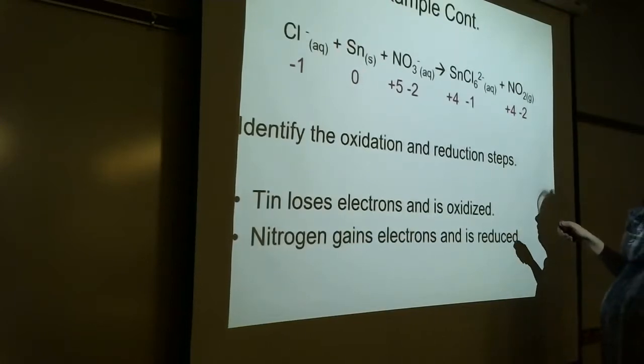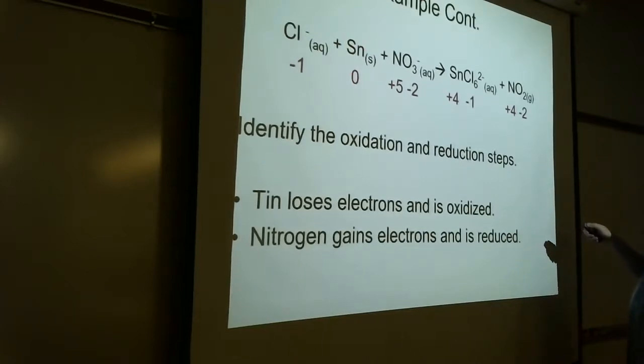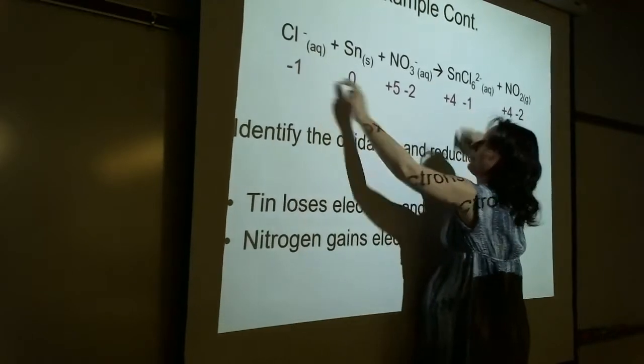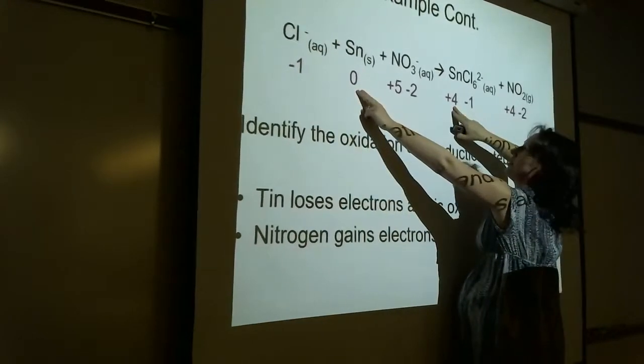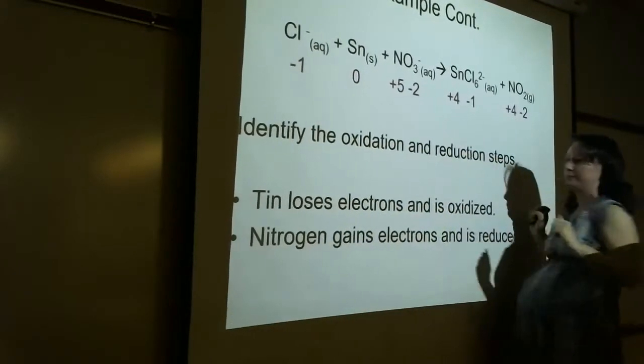Tin is going from 0 to +4, right? Nitrogen is going from +5 to +4. Oxygen isn't changing, chlorine's not changing, right? So tin, 0 to +4, and nitrogen, +5 to +4.